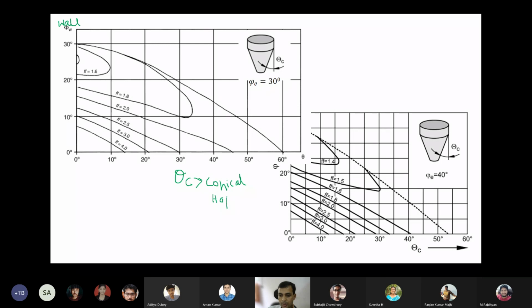And here is the angle of internal friction.